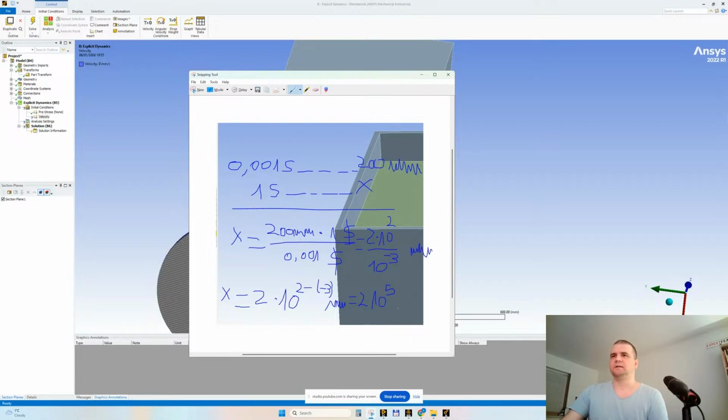2 at this power, which also means, just for fun, 200 meters per second.